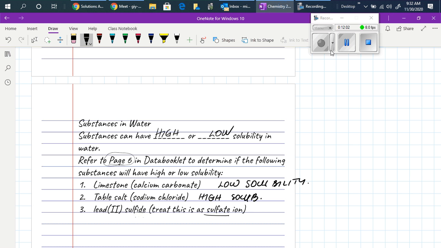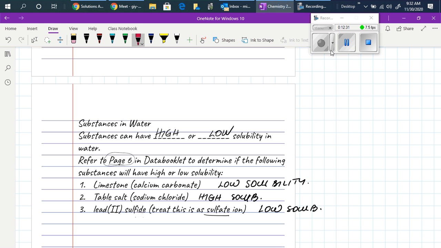So then that means that we will have a low solubility. Okay, so we will treat that sulfide, even though we don't see it, as a sulfate ion.